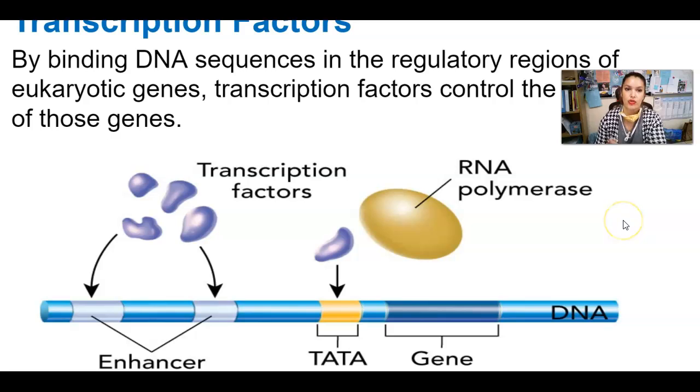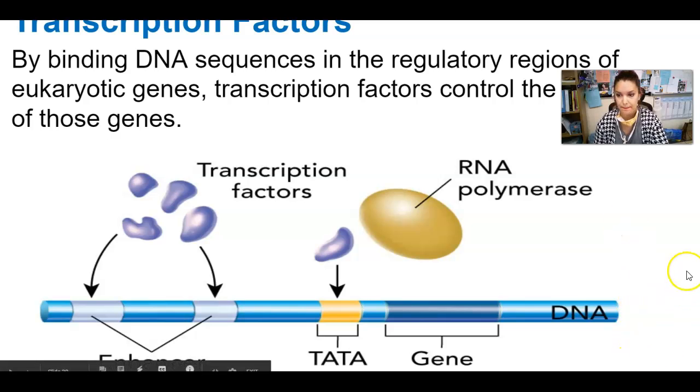All right, so transcription factors. By binding DNA sequences in the regulatory regions of the eukaryotic genes, transcription factors control the expression of those genes. So what do transcription factors do? They control the expression of the genes in a eukaryotic cell.